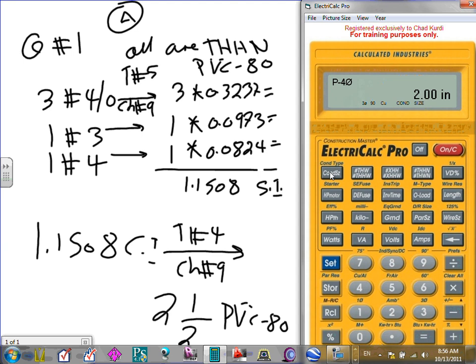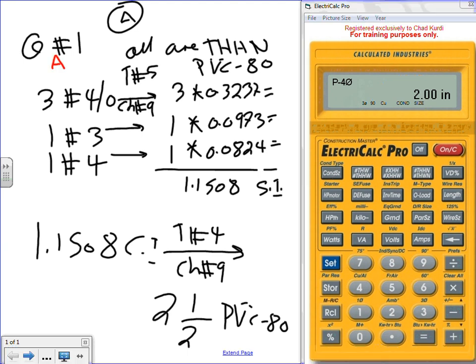Yes, 2 inches. So if you have question 1B, your answer should be 2 inches PVC schedule 40. Cool?